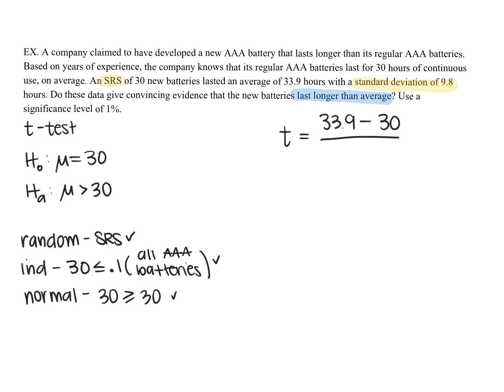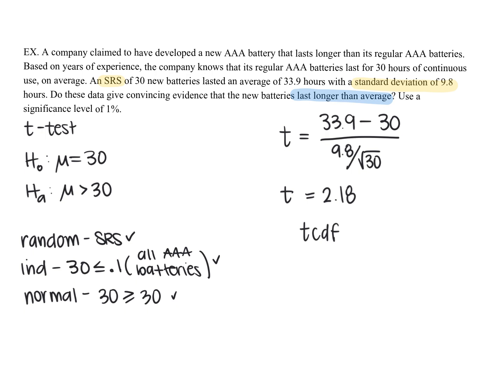all over my sample standard deviation, 9.8, over the square root of n, which is also 30. So this gives me a test statistic of 2.18. Now we're going to go to tcdf on our calculator instead of normalcdf.